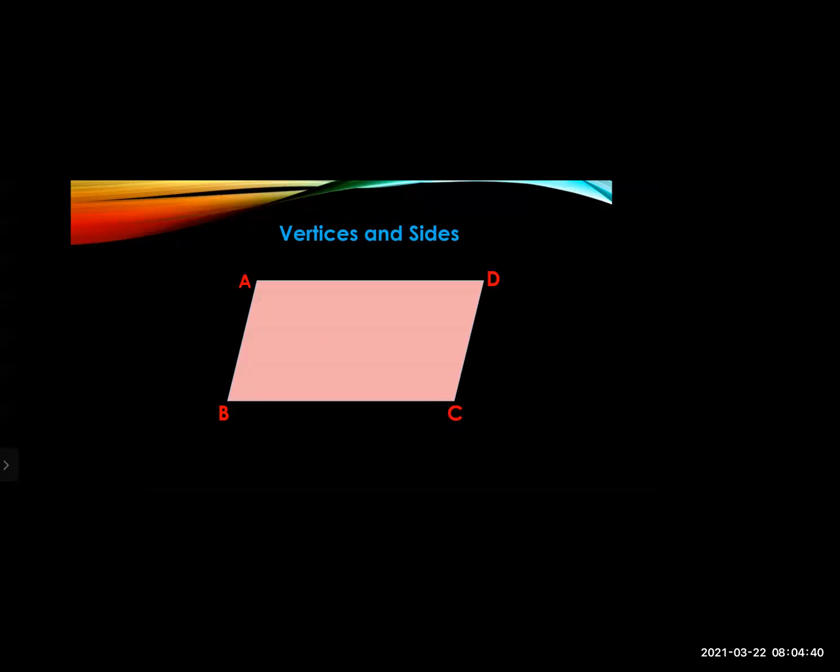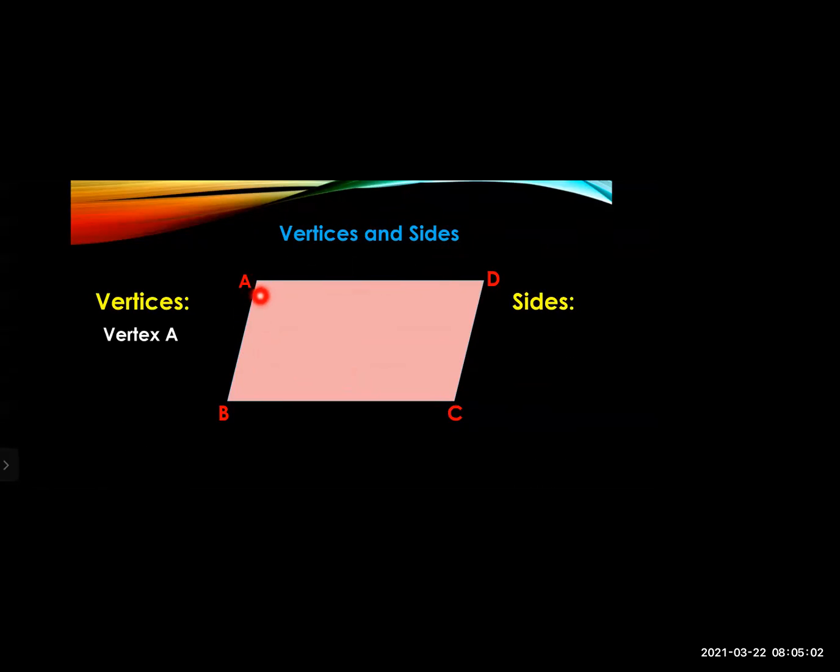Okay. Now let's see some vertices and sides of quadrilaterals. Now this is a closed figure, and in this you have to tell me a quadrilateral has vertices and sides also. So let's see the vertices first. Vertices means what?